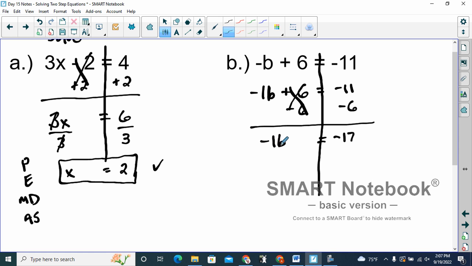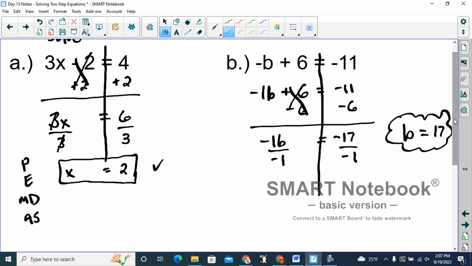Negative 1 times b, so I need to undo that multiplication, which I can undo by dividing both sides by negative 1. And I get b equals negative divided by negative is positive, 17 divided by 1 is 17. B equals 17 for part B.